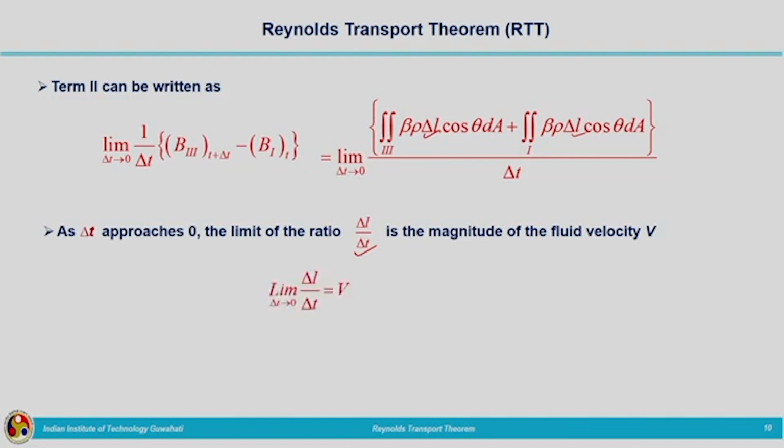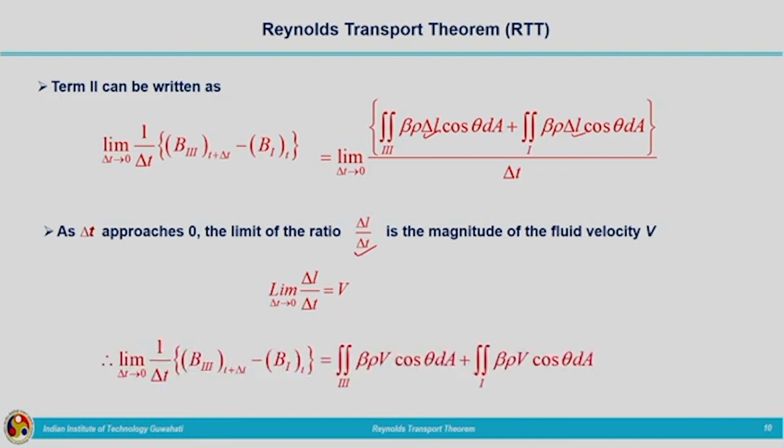So, we can write the limit delta t tends to 0 of delta L by delta t to be equal to V. So, the limit has gone. Now, we have term 2 as the surface integral of beta rho V cos theta dA for region 3 plus the surface integral of beta rho V cos theta dA corresponding to region 2.